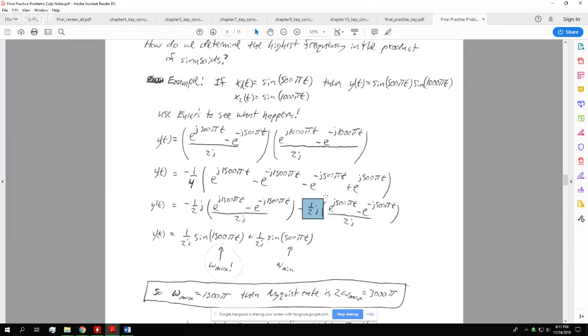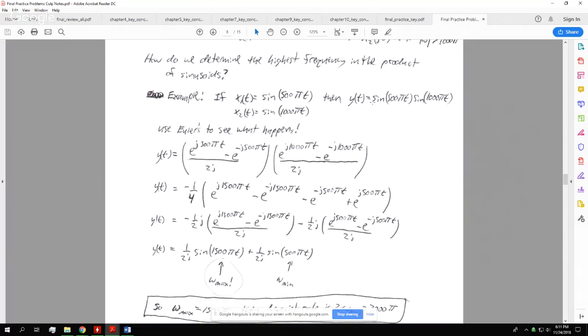I did the same thing with the second term. And then I convert them using Euler's identity. So I have a 1 over 2j sine of 1,500πt and a 1 over 2j sine of 500πt. And that's how you can easily determine the highest frequency in the product of sinusoids.